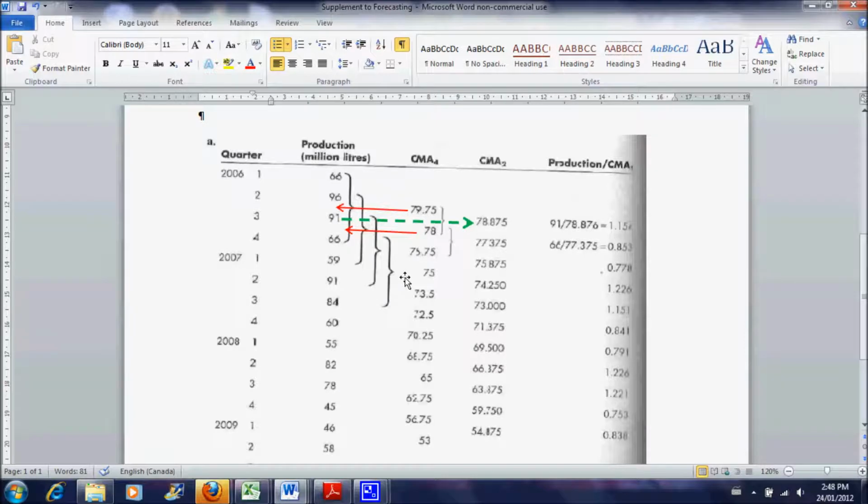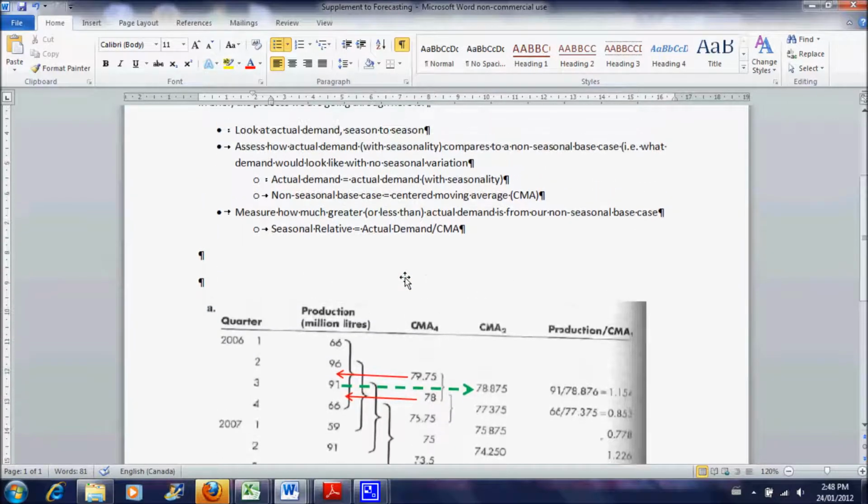This allows us to look at the difference between the actual demand, which has seasonality, and this CMA, which gives us an approximation of a non-seasonal base case. So it gives us a sense of what the demand would look like if there was no seasonality.